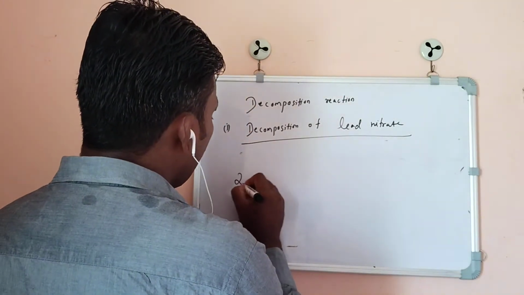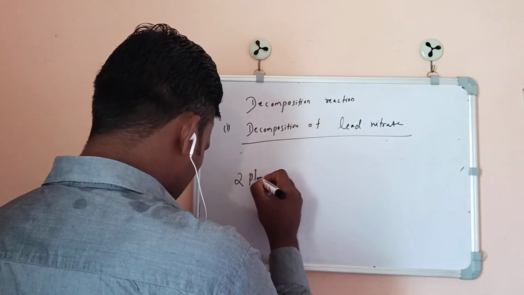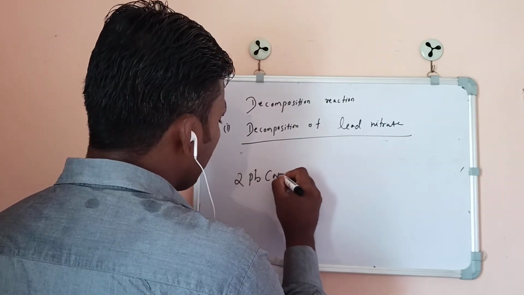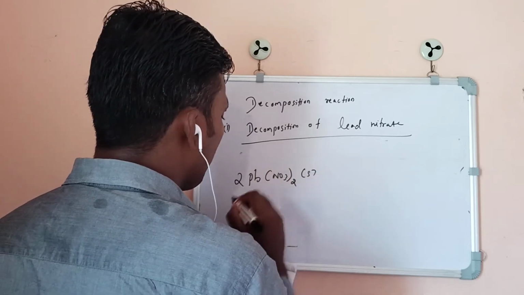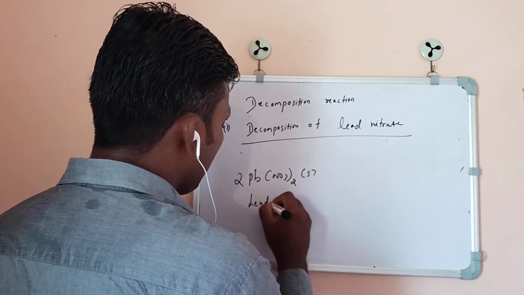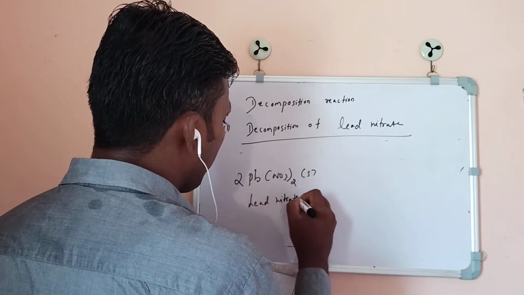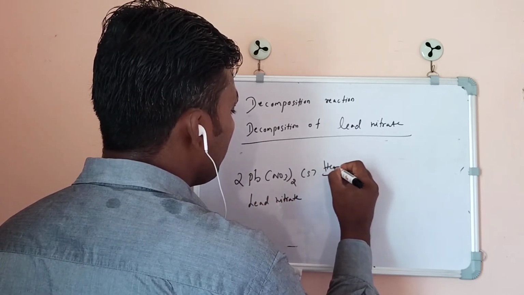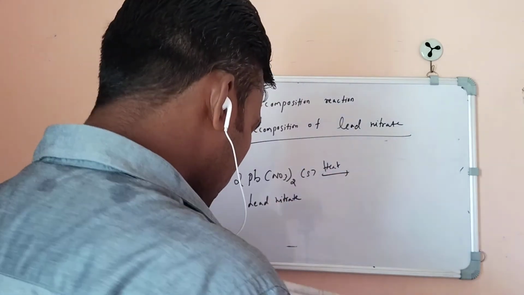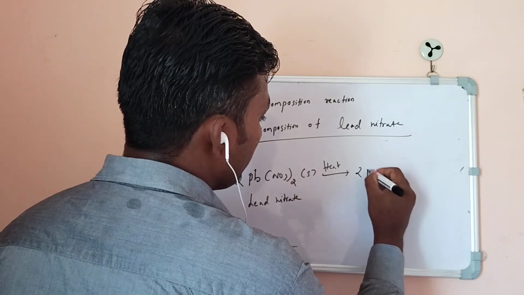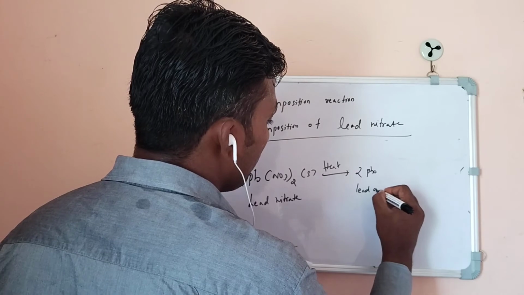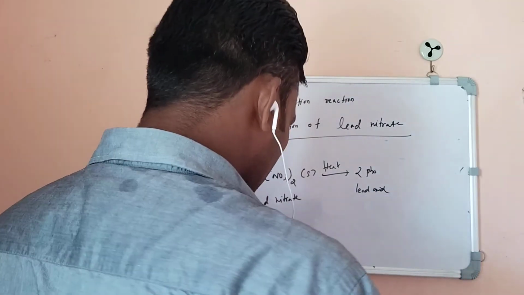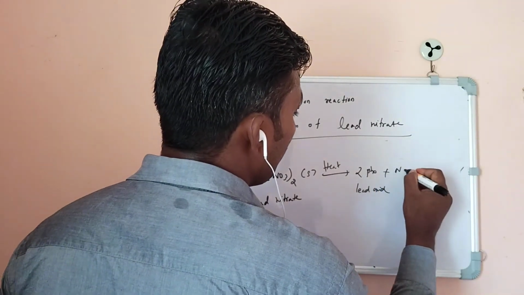Let's see the reaction. Here we have taken lead nitrate, Pb(NO3)2, in solid form. You are heating it. What is the product here? Lead oxide, PbO, plus NO2.